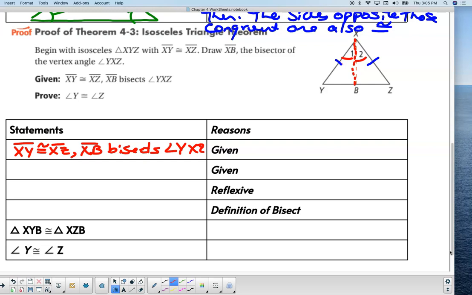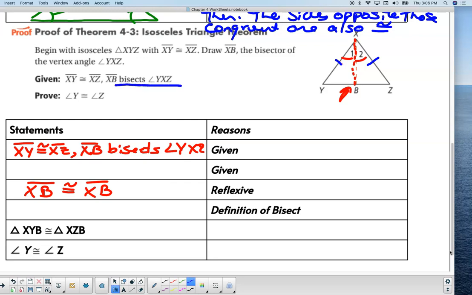Now I just did our given on one line, so I'm going to go to our next step, reflexive property. Like I said, this red segment, XB, is congruent to itself, because it's reflexive.